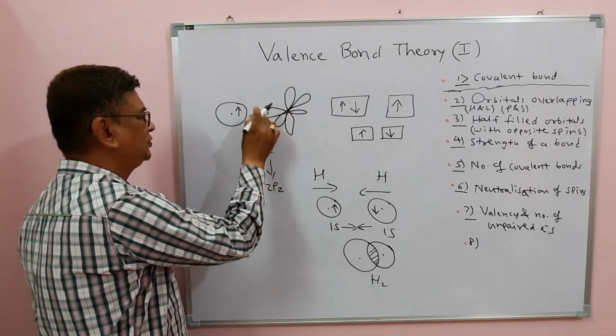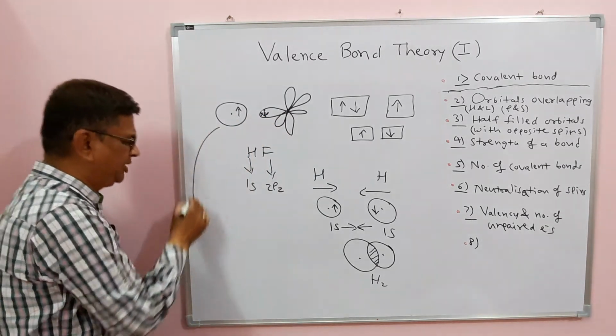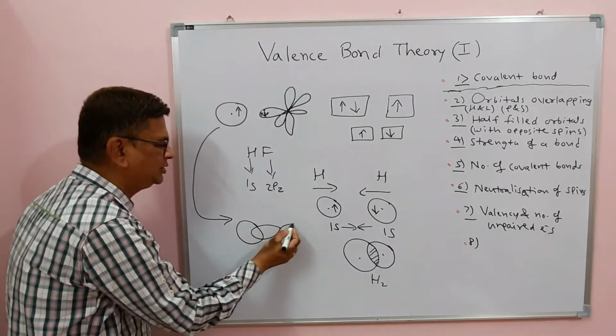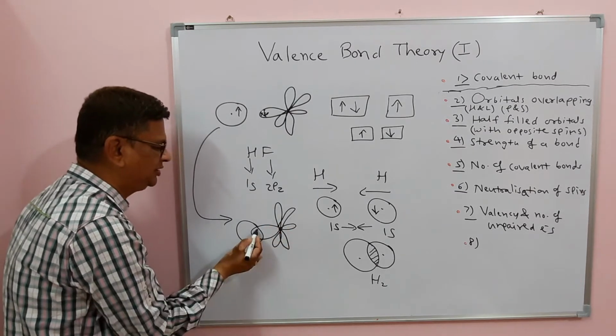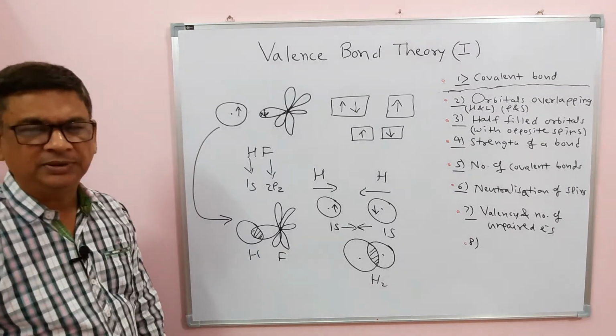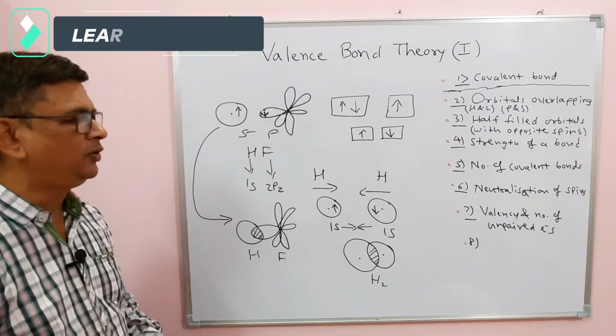They get neutralized in spin, and after overlapping it is this situation. The overlap region is shown here. We have px, py and pz, and out of those, pz is taken. This is how the HF molecule is formed, and it is an example of sp orbital overlap.